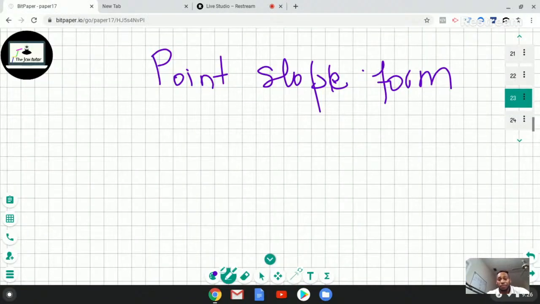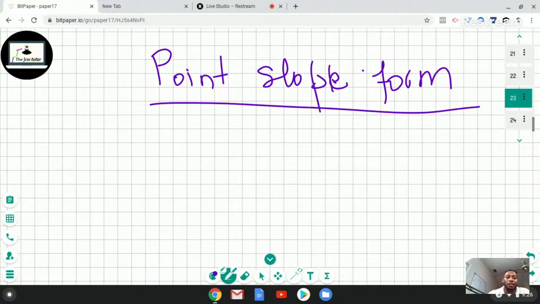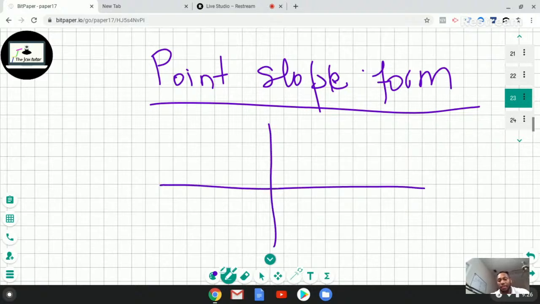All right, cool. Let's say that you have, for example, a graph like this. This is the x-axis, and this is the y-axis. Let me change my pen because this one is messing up. Give me one second, y'all.